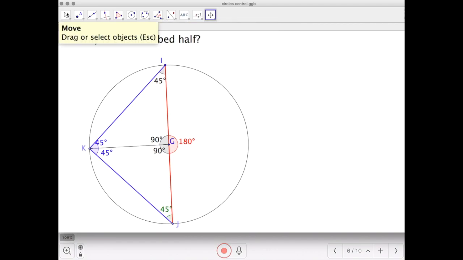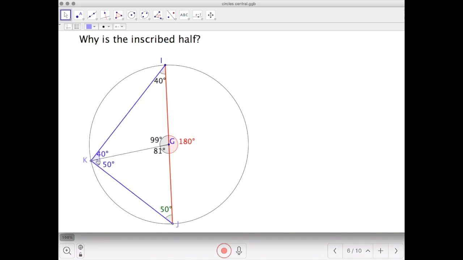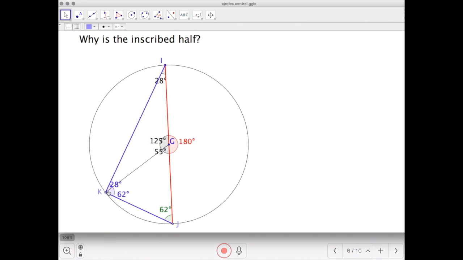If I'm looking at that blue angle and moving point K around, no matter how I move point K, I'm always getting that those two angles together match up to, well, with some rounding maybe aside, always add up to make 90 degrees. Like for example here, this 20 and the 70 makes 90, half as much as the 180 degrees.